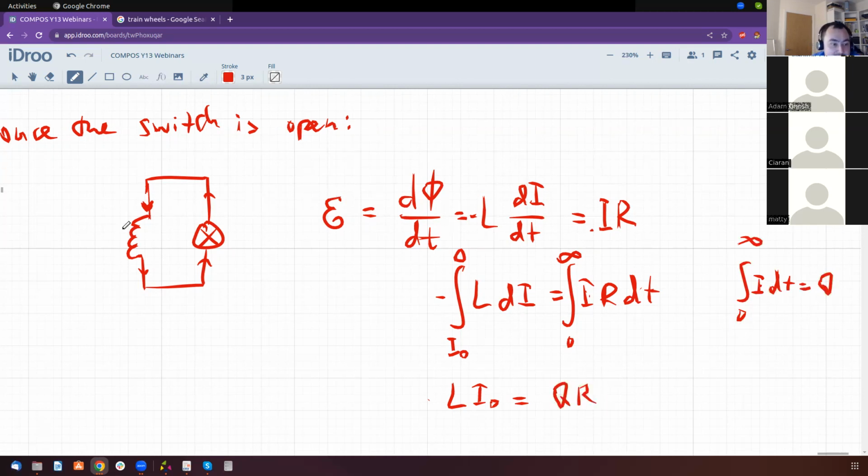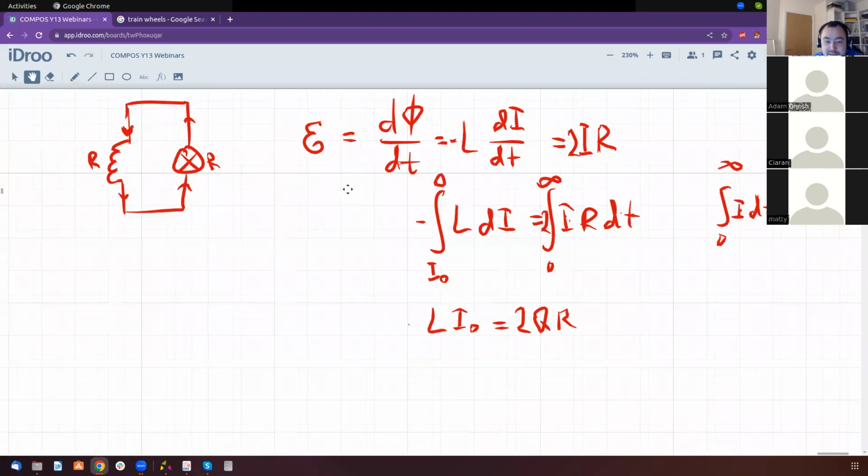The only thing is, now we have double the resistance of the circuit. So it's 2IR here, that's 2QR.